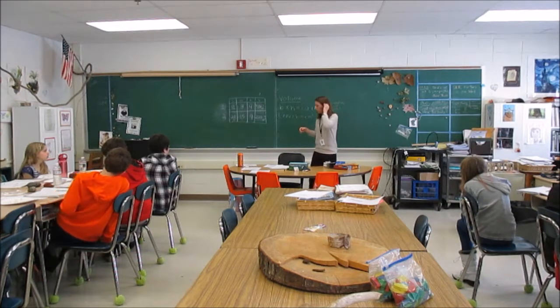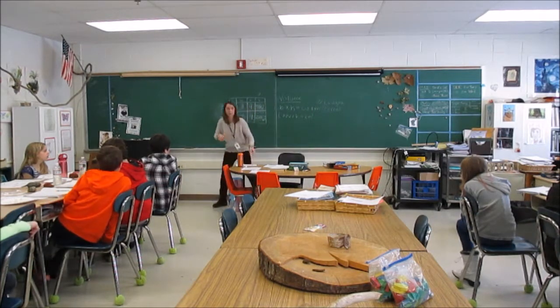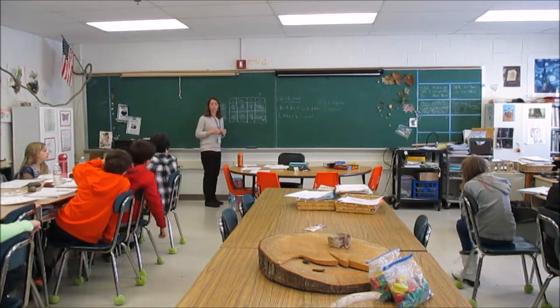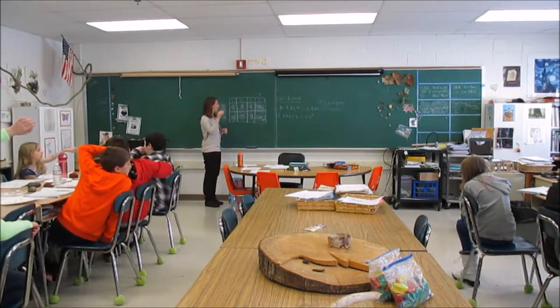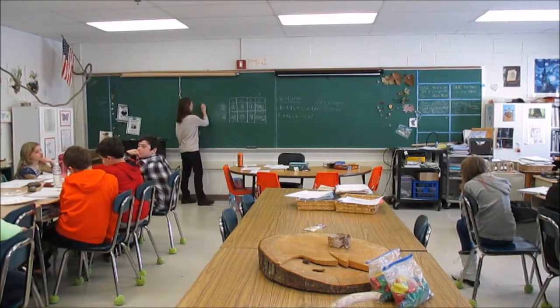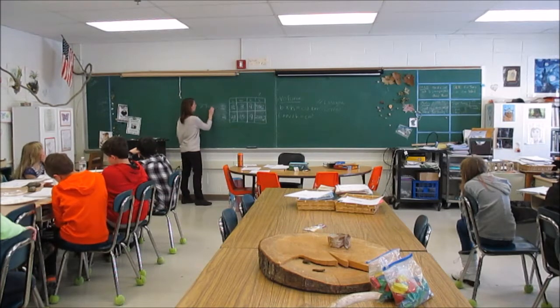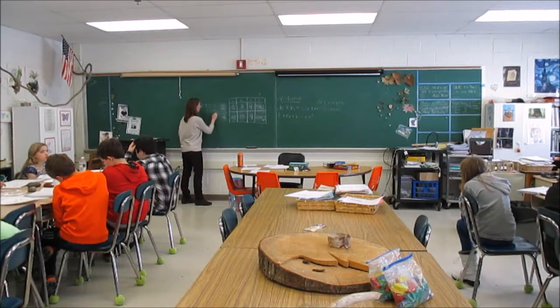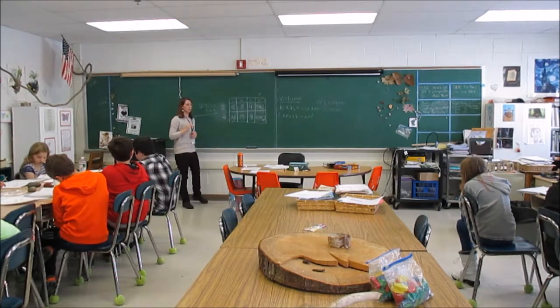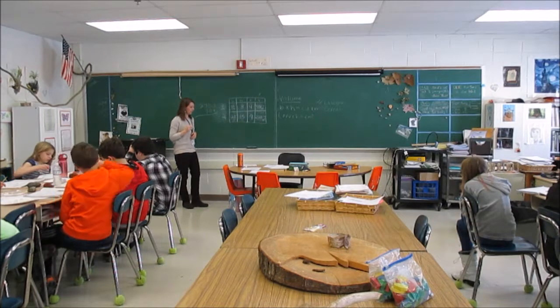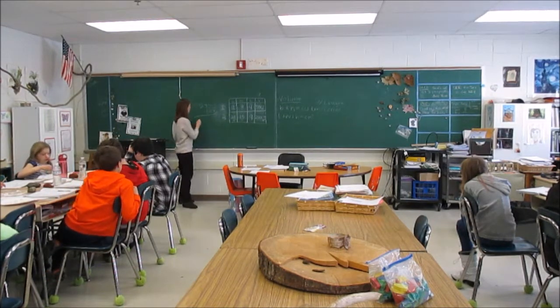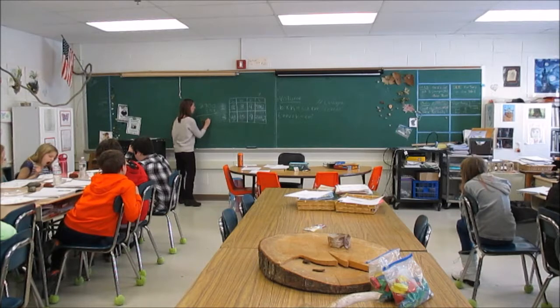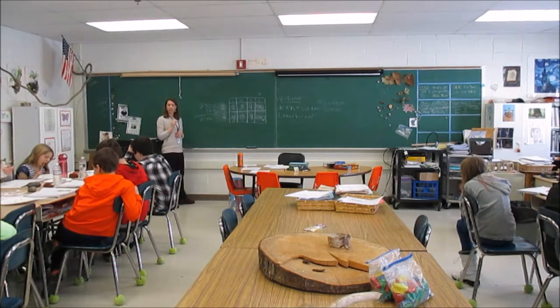So what's going to be our number model for finding the difference? Violet? 2,700 minus 384. You got an answer? What do you got? 2,316.